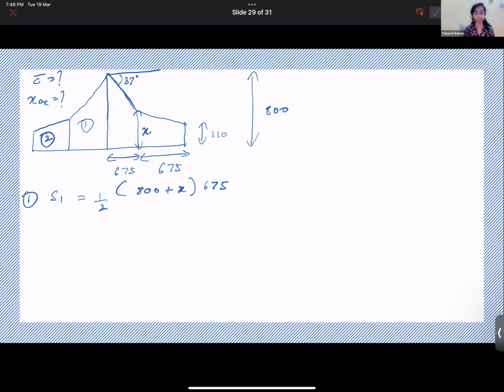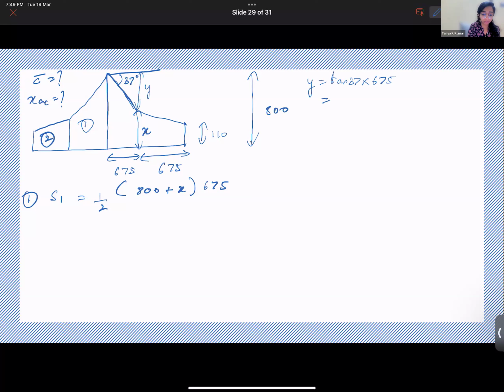Have you been able to find out how to find that x distance? Okay, look at the angle that is given to you, and how about this distance y? Can you find out that y? So y is nothing but tan 37 into 675, correct?